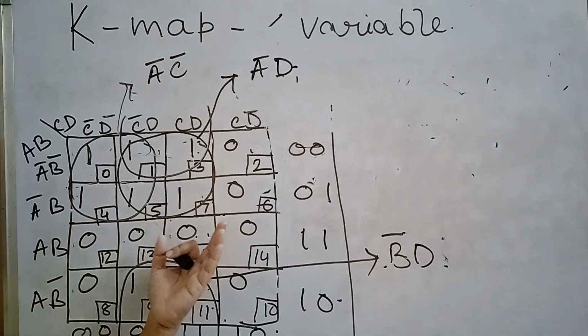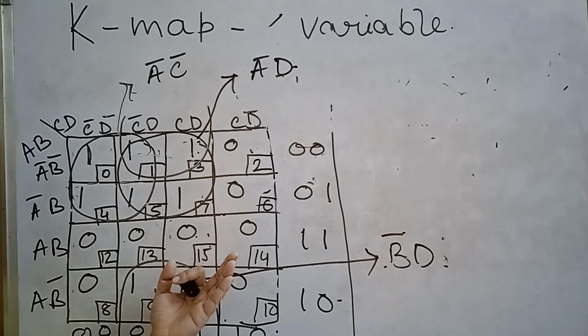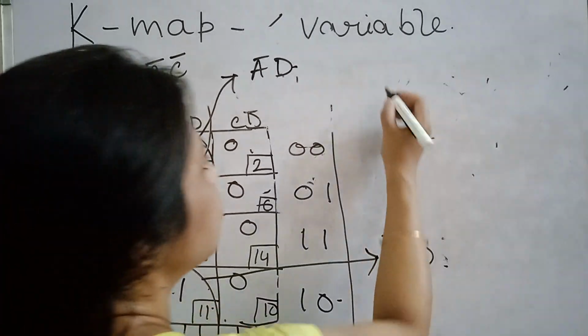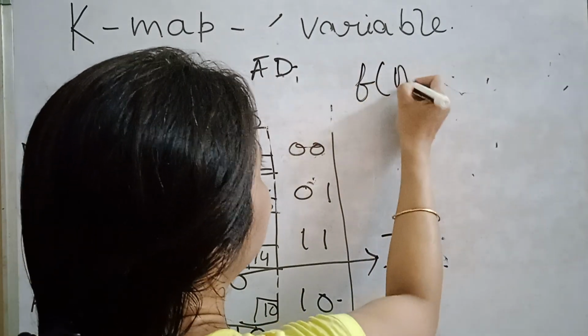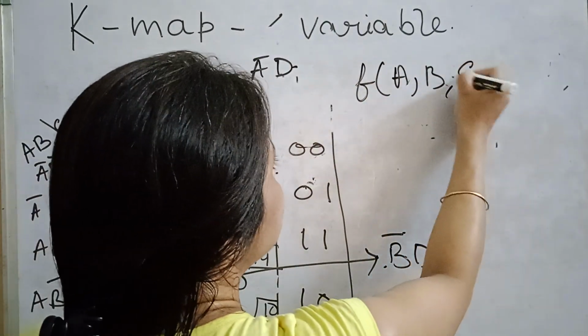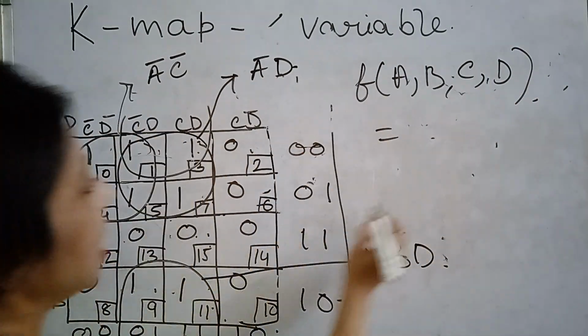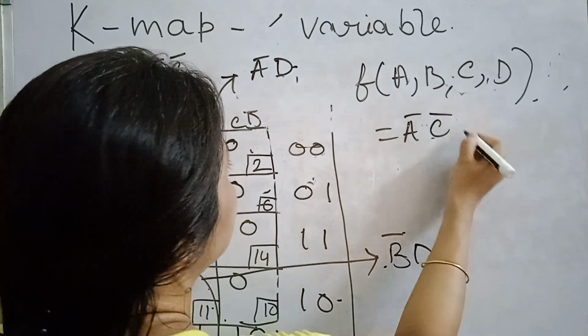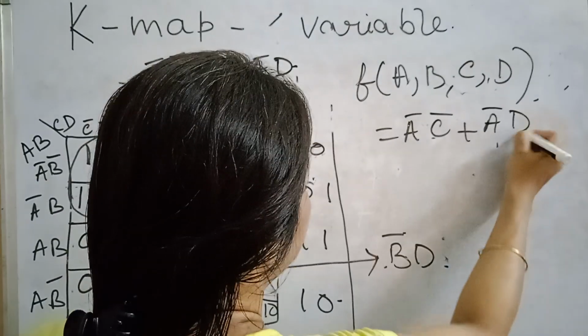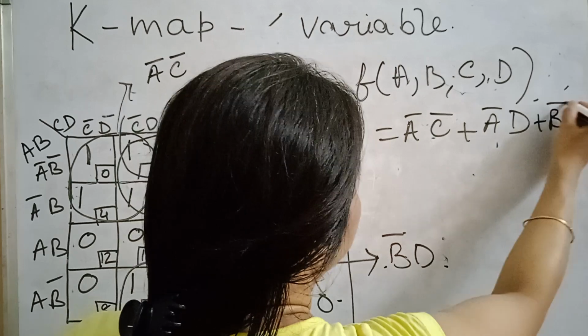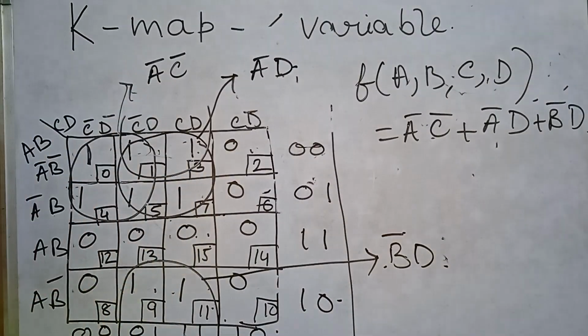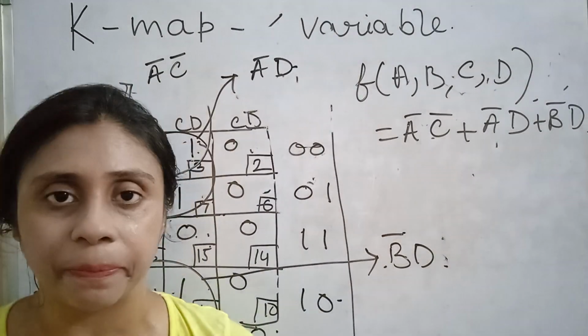Because our original form was in min term form, and min term form will always give you an SOP expression. So what is the expression? Function of A, B, C, D is A bar C bar plus A bar D plus B bar D. This is the minimized expression.